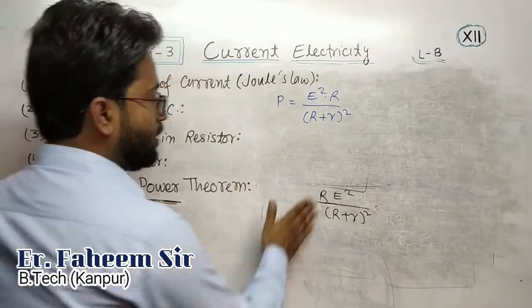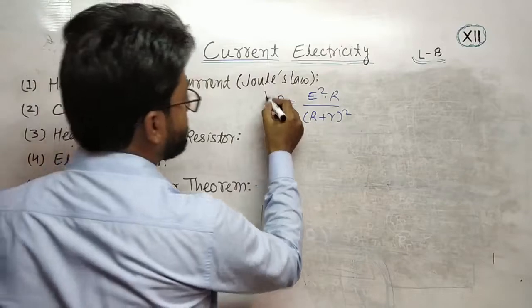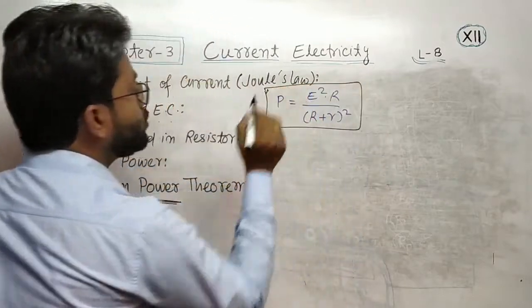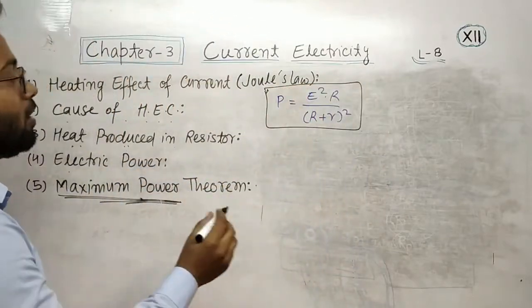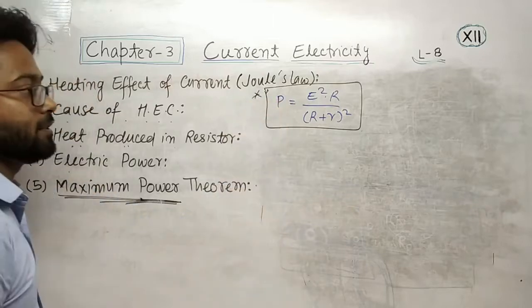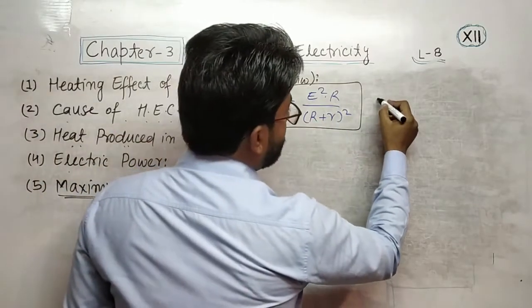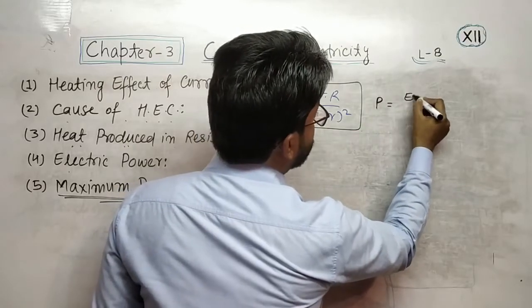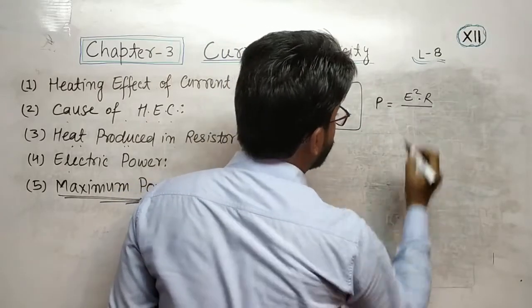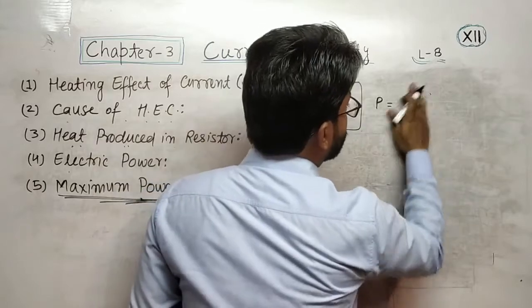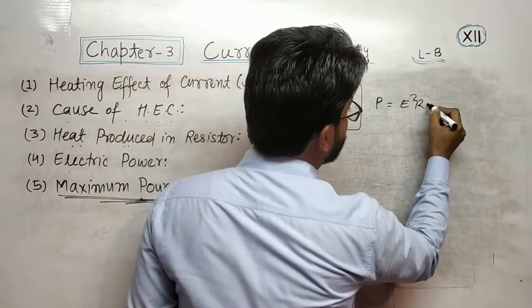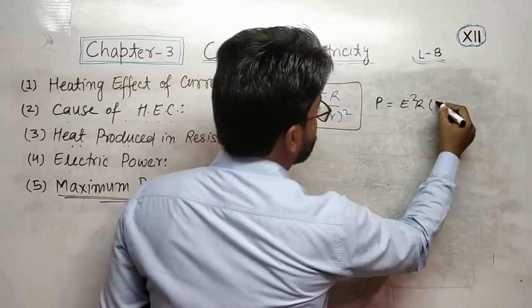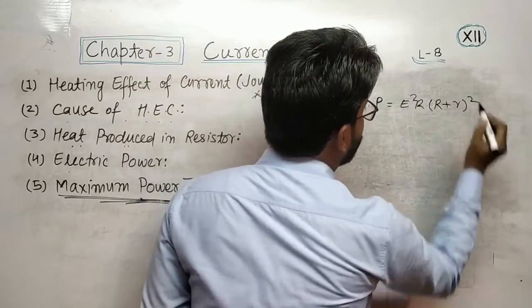This is the formula for power, and we need to maximize by the second method, or we can say by the calculus method. We can also write P is equals to E square R into (R plus r) to the power minus 2.